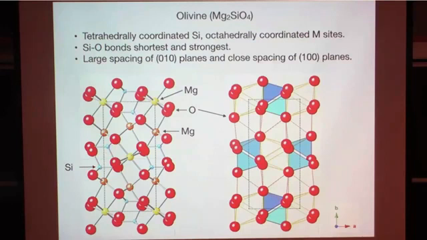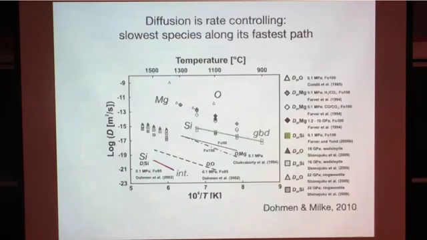So if you want to diffuse these different atoms here, most likely oxygen and magnesium will be more mobile than silicon. And then, the lattice spacing, indirectly, you can have also anisotropic diffusion because obviously the lattice doesn't look the same in every direction. So if you do diffusion measurements, here is diffusivity plotted versus temperature. This is a compilation that looked at a lot of different types of diffusion in different minerals.